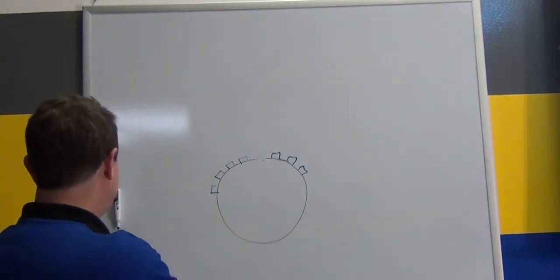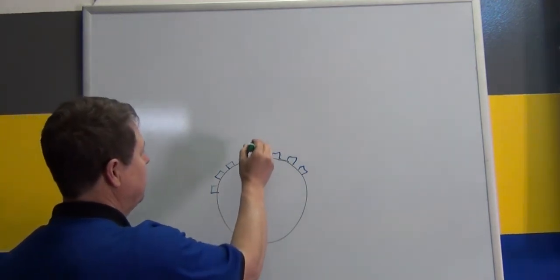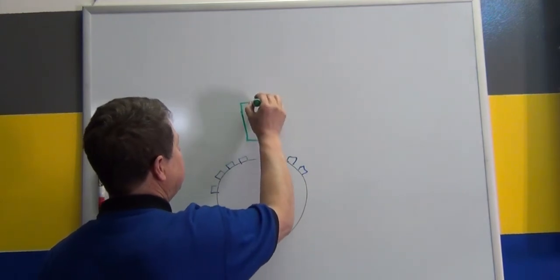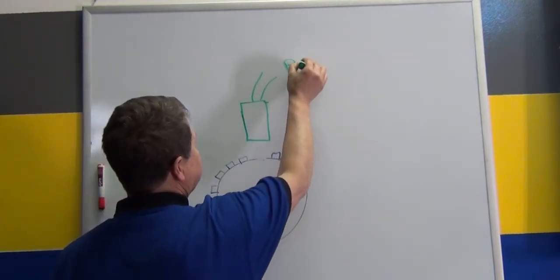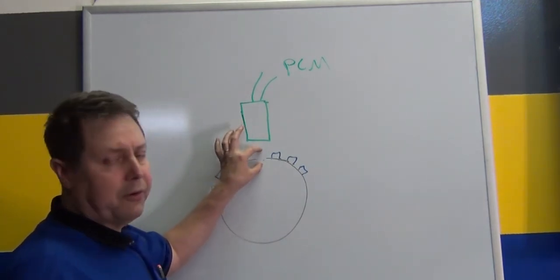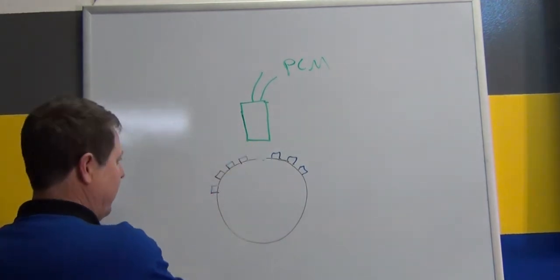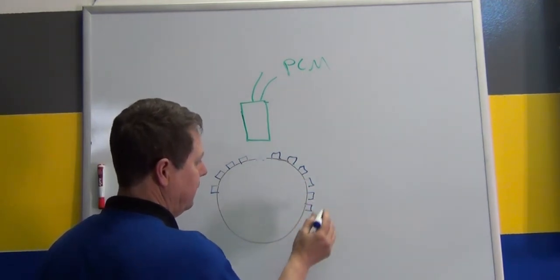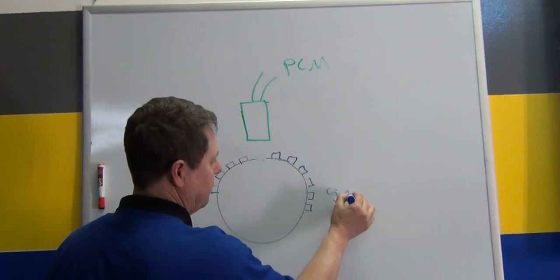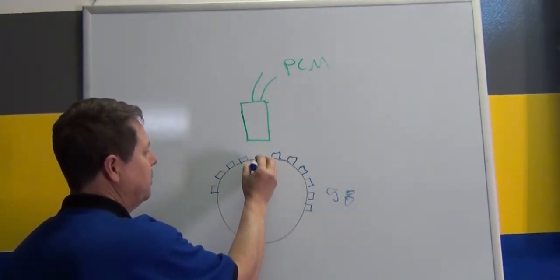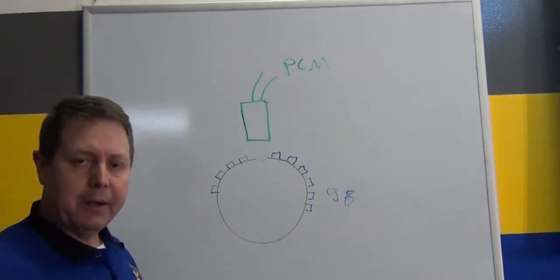Whenever we have the missing tooth over here, the sensor is gonna send the signal to the PCM, and this is gonna be the reference signal. So we have teeth all around the crank, 58 teeth, and the missing tooth is gonna be the reference signal.